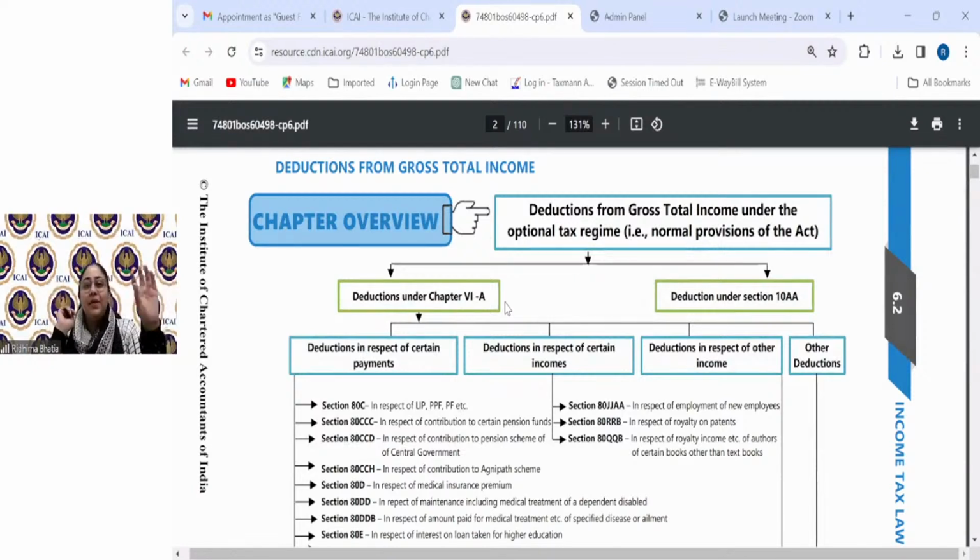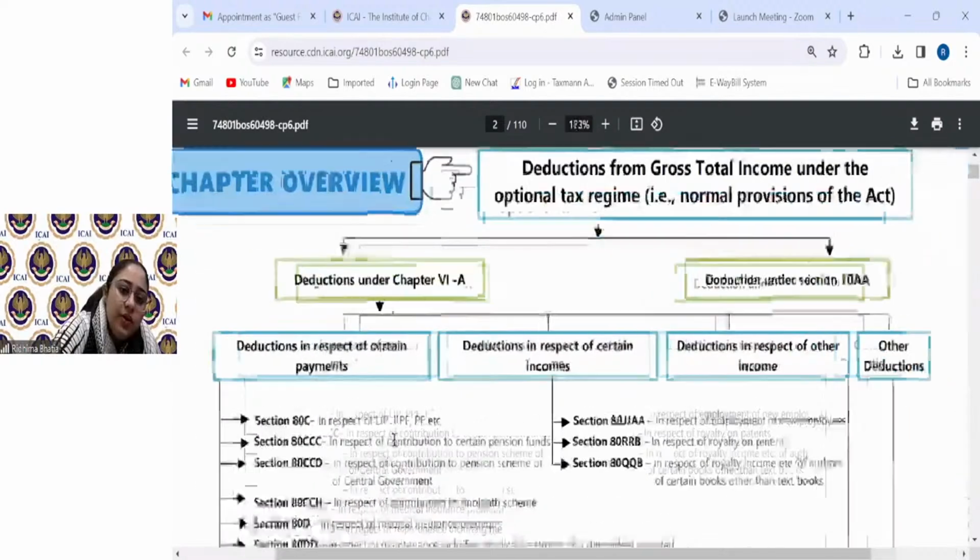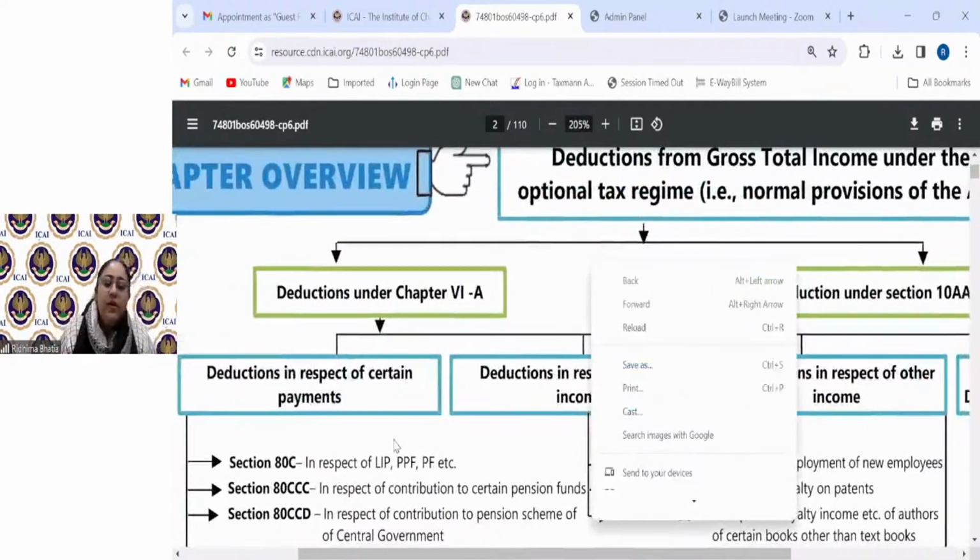Some are payment based, that is, when an assessee during a year makes a certain expenditure or certain investment, he will get that deduction. You can see that these are very small. If I zoom it, the chart will go away. Don't worry, we'll do it one by one.